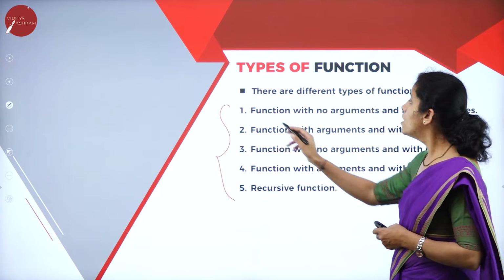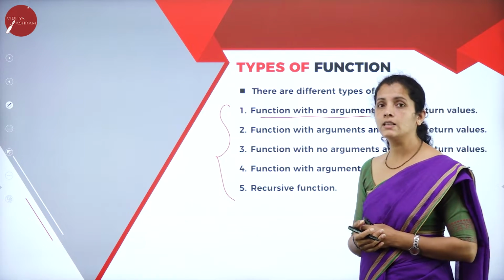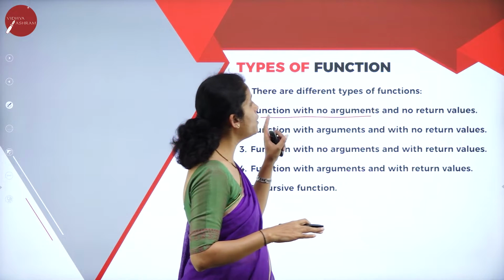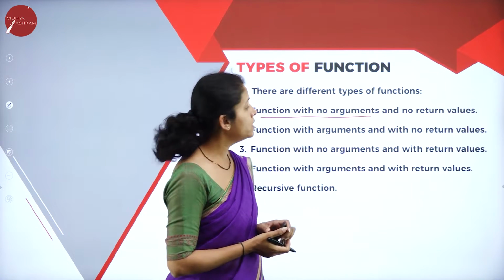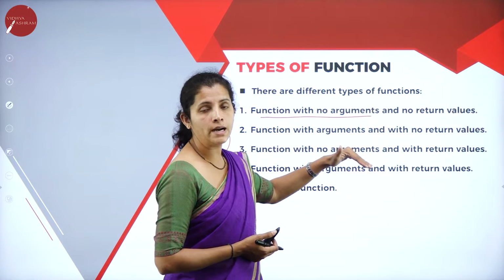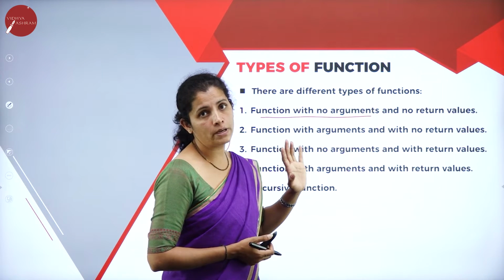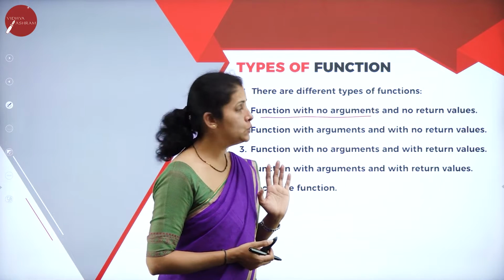The first type is function with no arguments: I'm going to have the function, but no arguments and no return value. So the function is not going to accept any arguments, and it won't return any value.